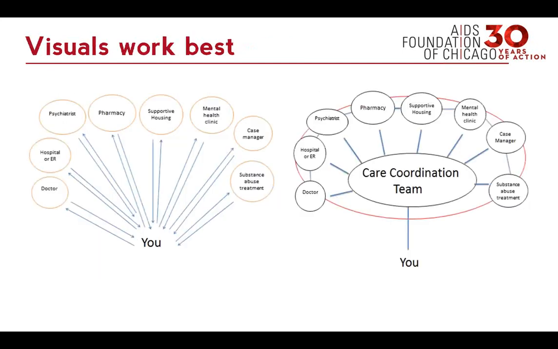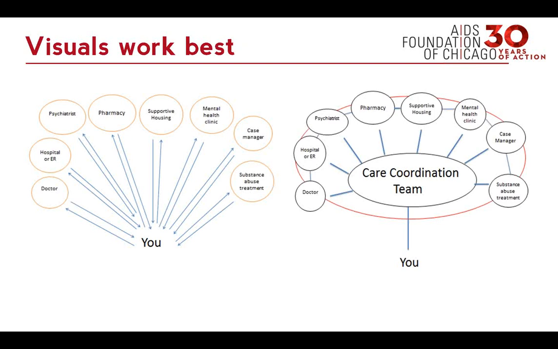Next slide. So I found that visuals really are helpful when talking to clients about what managed care is. A lot of the people I work with are still learning about what this means for me and how this works. I use the visual on the left to refer to the healthcare system pre-managed care, and that looks like the client having to interact with all these different providers, having to be the person that holds that medical information and tries to communicate across the different people that are treating them.